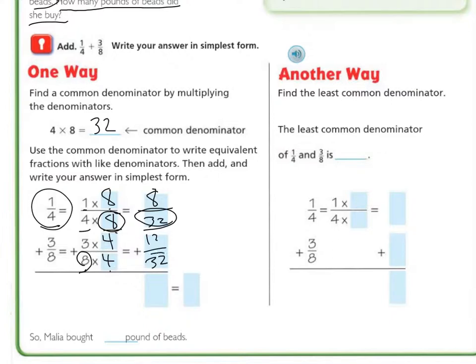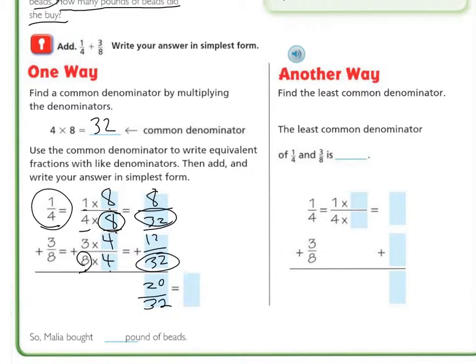Now that I have 32 on the bottom, I'm okay to add, right? Now I can actually add it. 8 plus 12 is 20 over 32. Now, for simplest form, I need to find a number that goes into both 20 and 32. I know 2 can go into them.